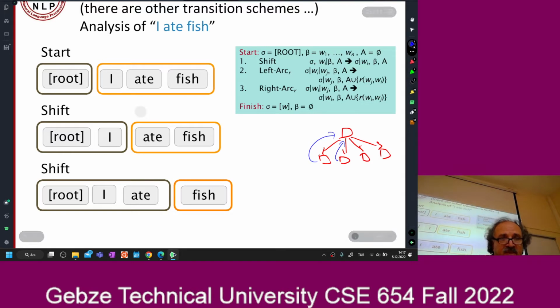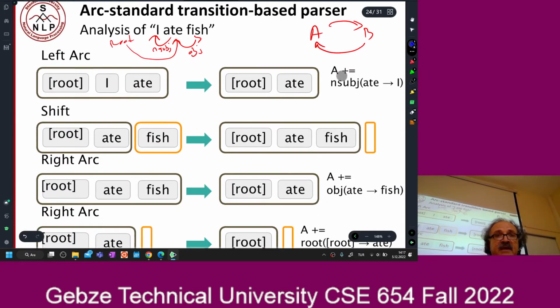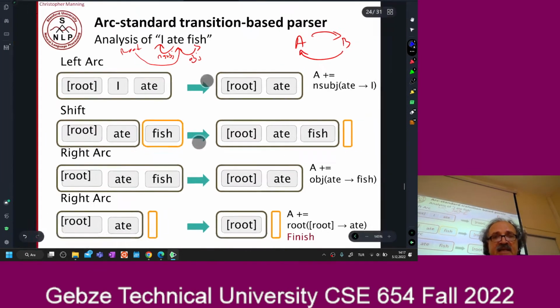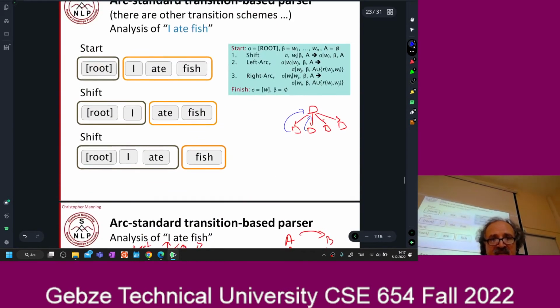Okay, so I shifted once, I shifted a second time. And when I see that I have "ate" in the buffer, now I am going to do this left arc. So it is "I ate fish".